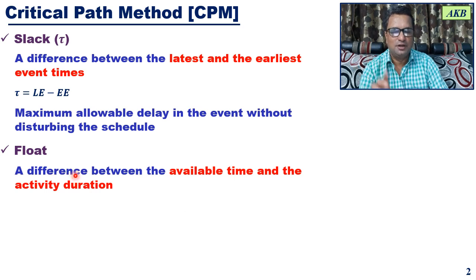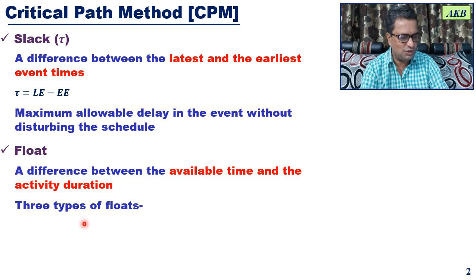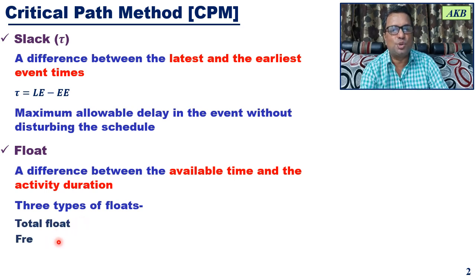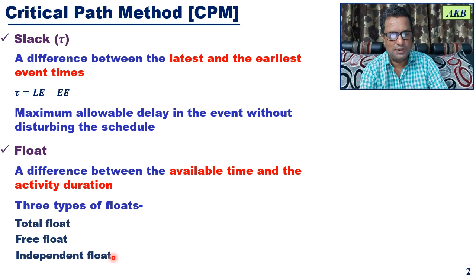So this is nothing but float. And we are going to understand three types of floats. First is total float, second is free float, and third one is independent float. We will understand each of these types, and when you understand these three floats, you'll be able to calculate them. Okay, so let us move ahead.